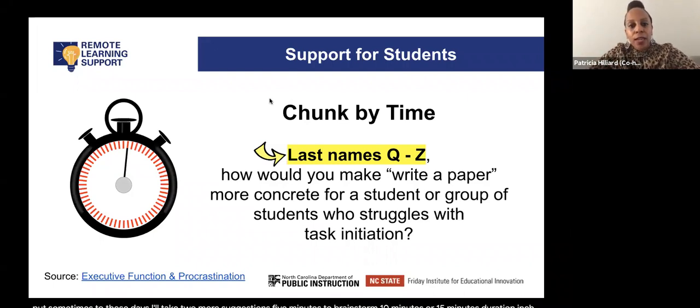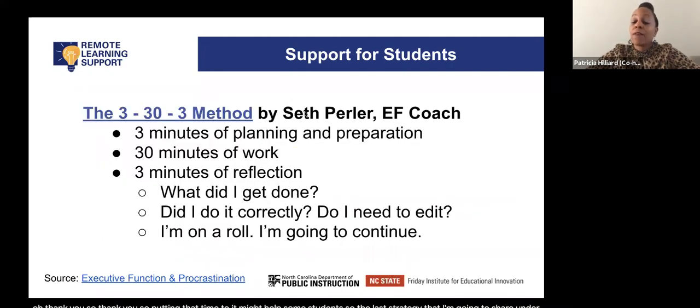So the last strategy that I'm going to share under task initiation came from an executive function coach. And we forgot to mention this and no one said anything. You will have access to the slides. Yes, you will have access to the slides. So when you do have access, I would highly recommend, if you have students who struggle with task initiation, to check out this talk from Seth.